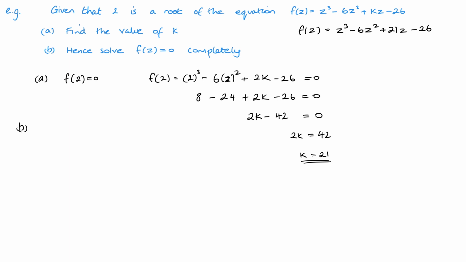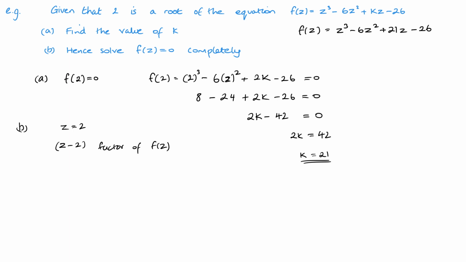Now if 2 is a root, that is us saying that z is equal to 2, therefore z minus 2 will be a factor of our f of z. From this we can use the factor theorem or long division to split it up and get the quadratic.